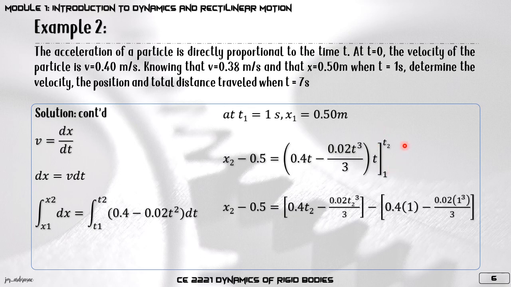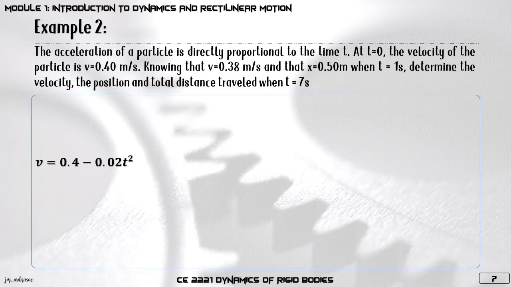Substituting now the value of t2 and 1 in our equation, we'll now arrive at a general equation of x, which is 0.107 plus 0.40 t minus 0.02 t cubed divided by 3.